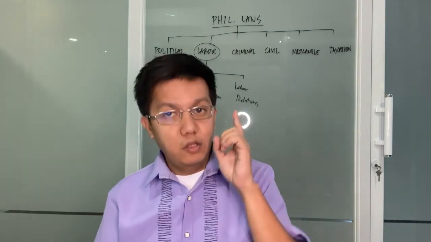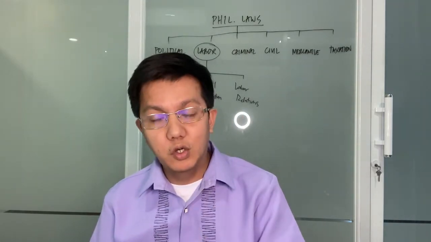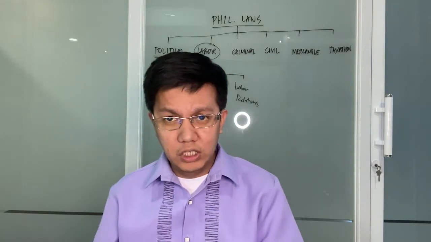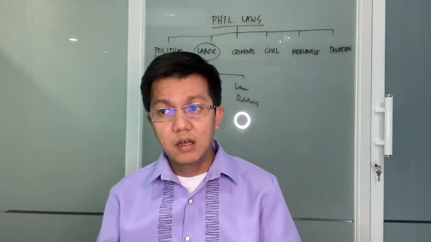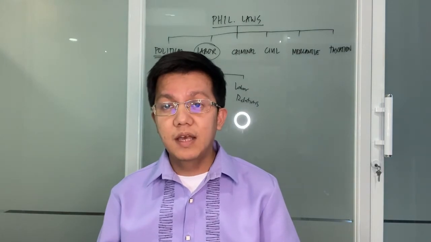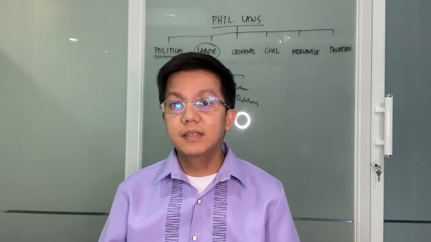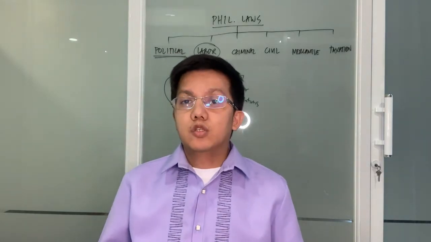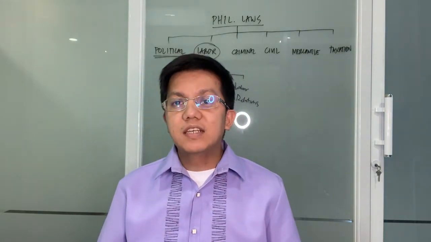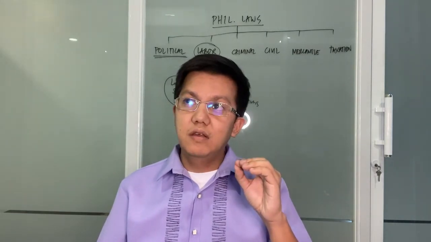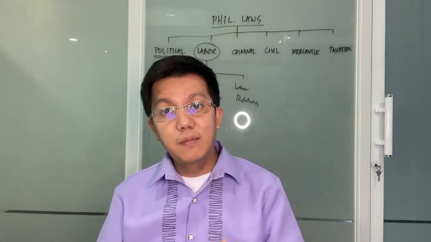You have to determine first whether or not he or she is really an employee of the employer. Otherwise, labor laws will not apply. So, remember the fourfold test, and out of the four elements, which is the most controlling element.